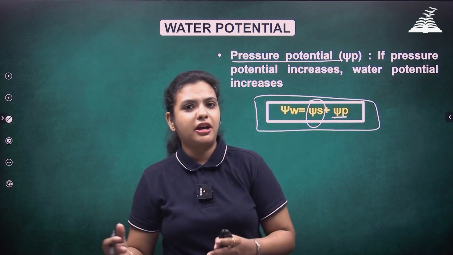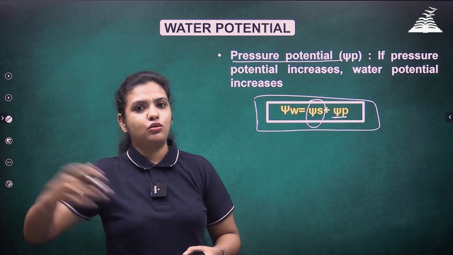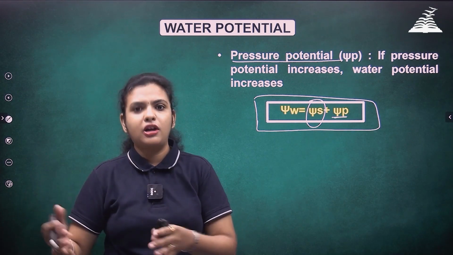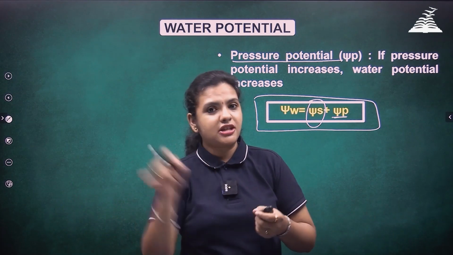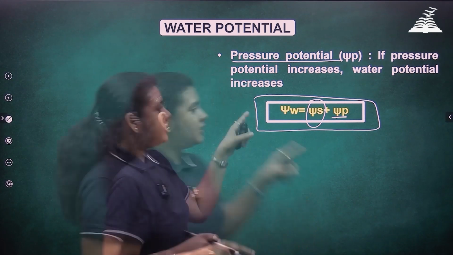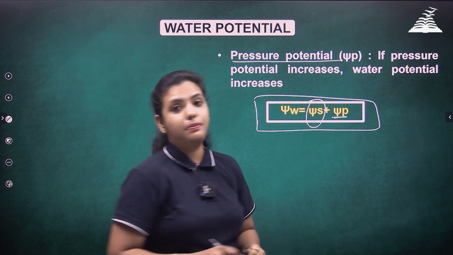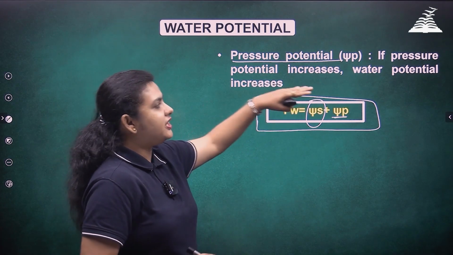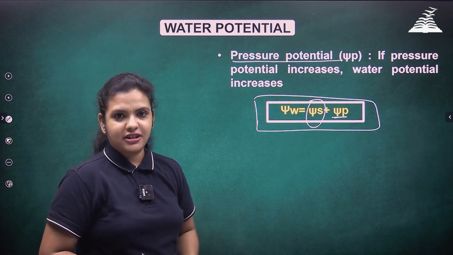But your friends' parents might say, watch videos, solve questions and do something else. So the pressure that your friend gets is more when compared to pressure that you get, right? So that pressure value also matters. That is why we say water potential is equal to solute potential plus pressure potential. If pressure potential increases, water potential increases, right?